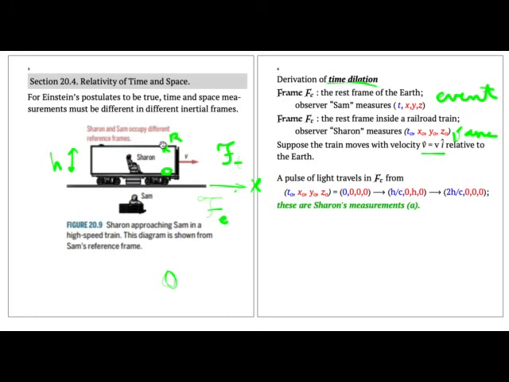Sharon is not moving relative to those two events. She'll measure the radiation of the flash of light at the point 0, 0, 0 and at time 0. And she'll measure the reception at a later time and at the coordinates 0, h, 0. So this is the position of the receiver in the frame of reference F sub train.